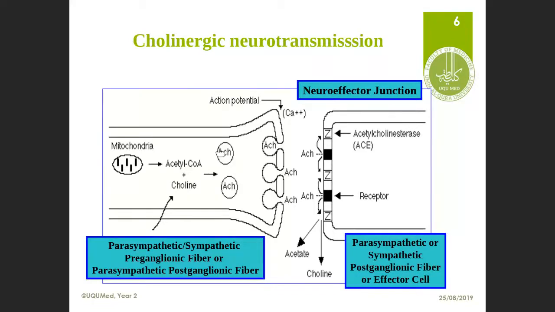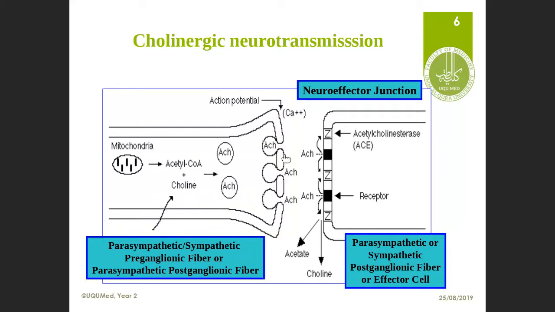This acetylcholine forms in the form of vesicles, and when there is an action potential in the form of calcium, then ultimately it is released by exocytosis. So this vesicle release is actually the process of exocytosis.